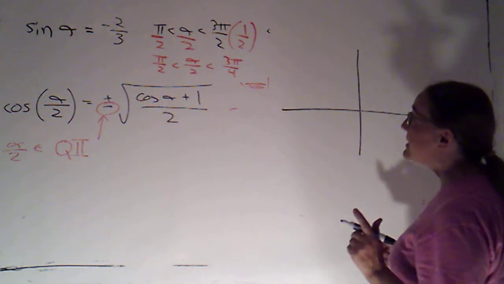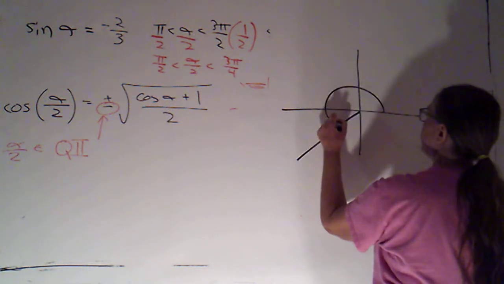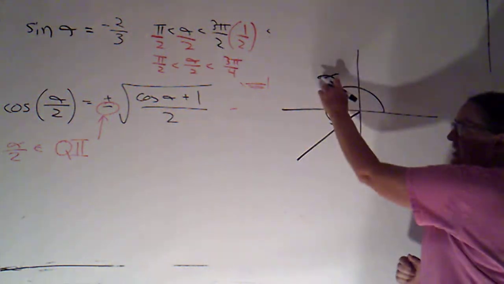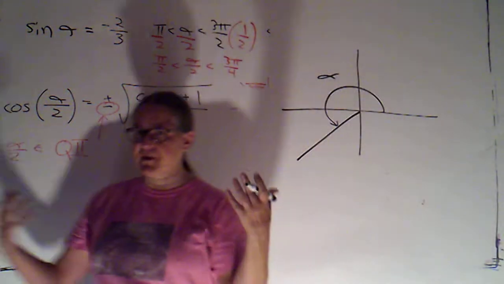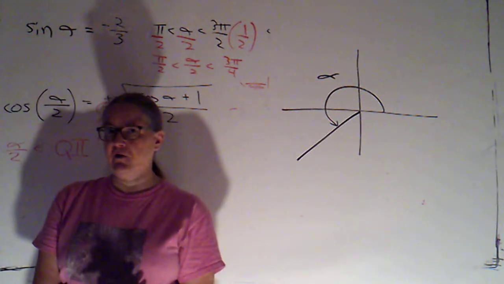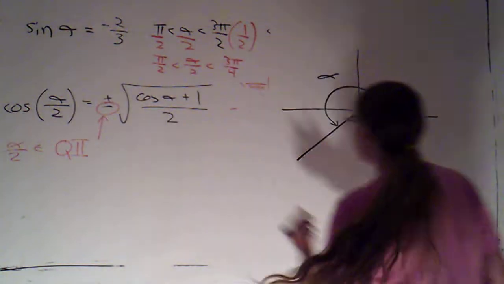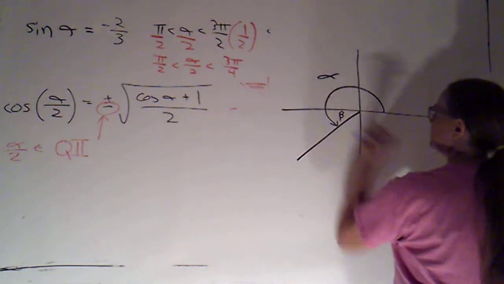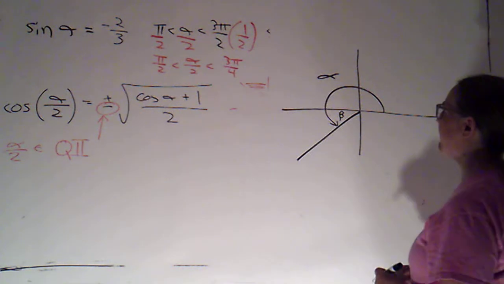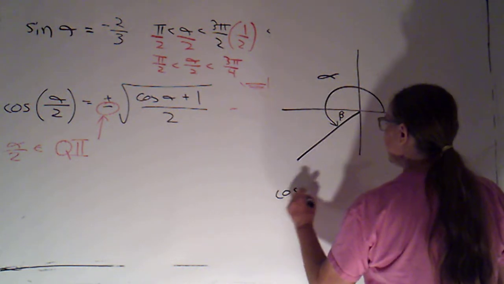I know that sine of alpha is negative 2/3 and alpha's in quadrant 3. I'm not crazy about this choice. I used alpha because that's what the book does, and I wanted to give the formula in the same way. I usually reserve alpha to be my reference angle, and obviously it can't be here. That's okay. I'm going to let my reference angle be beta. We'll just go up one letter in the Greek alphabet.